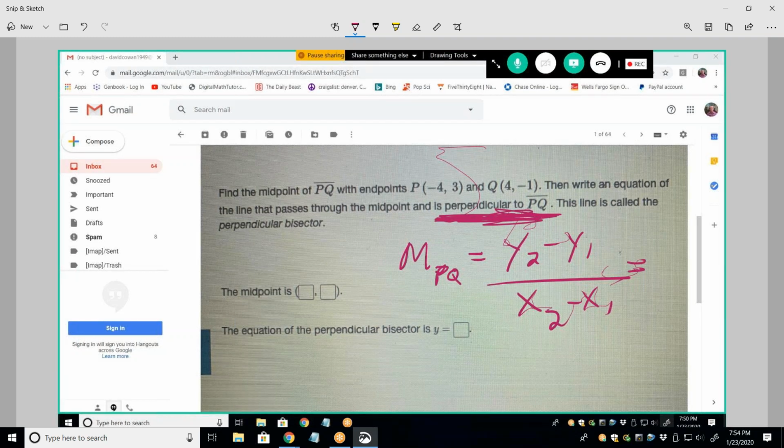What is y sub 2 minus y sub 1? This is y sub 2. 4. This is positive or negative? Positive. Minus 1 minus 3. What is that?